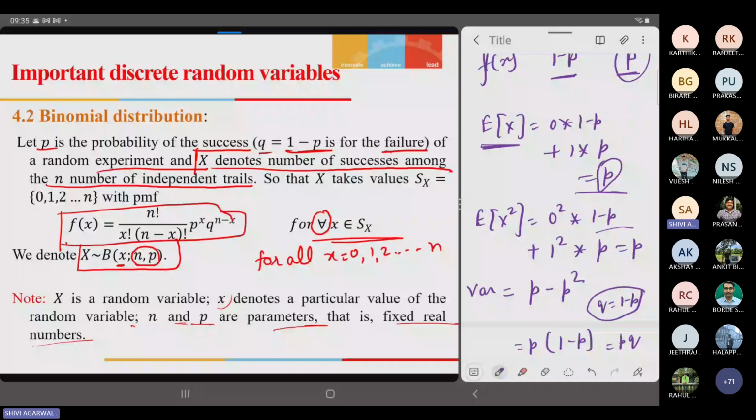Correct, Mr. Sandeep. 1 by 2. Probability of getting success, either head or tail, is 1 by 2 here. So n is 5 and p is 1 by 2. That is fixed once we decide our experiment, and when we substitute in this formula, we get the density function.